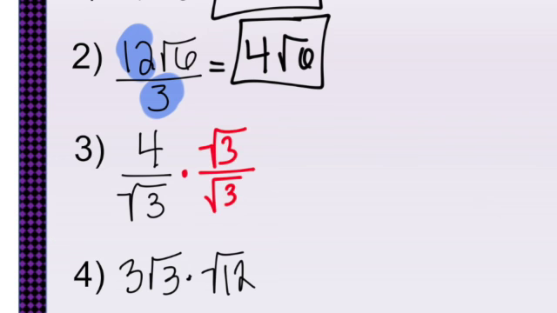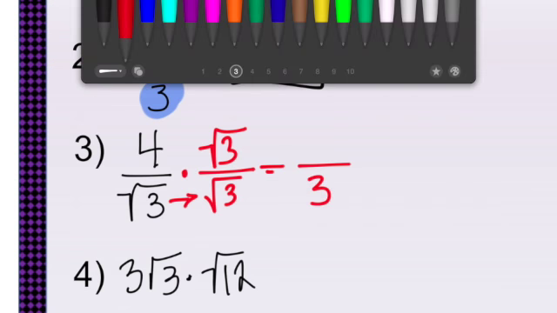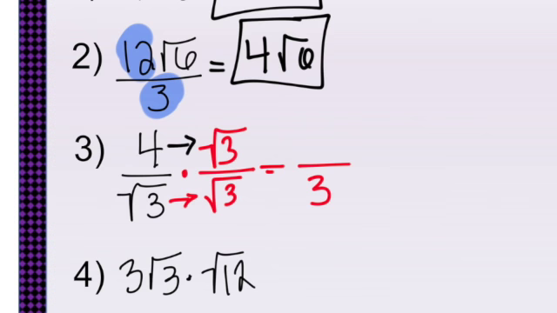In the denominator, that cancels out the radicals, because radical 3 times radical 3 is radical 9, and the square root of 9 is just 3. On the top, I'm just going to multiply it out. 4 times radical 3 is just 4 radical 3. And there's nothing else we can simplify.